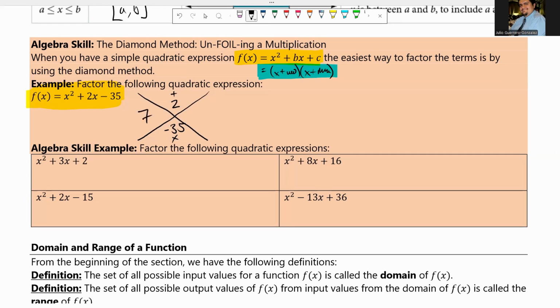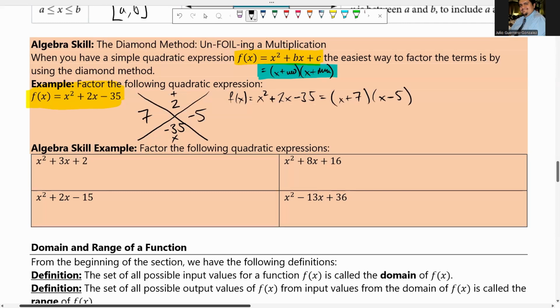The two numbers are 7 and negative 5. So that means that my f of x, which is equal to x squared plus 2x minus 35, is also equal to (x plus 7)(x minus 5). Got it?